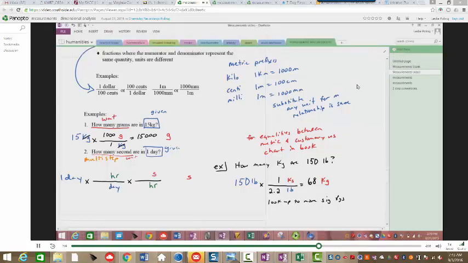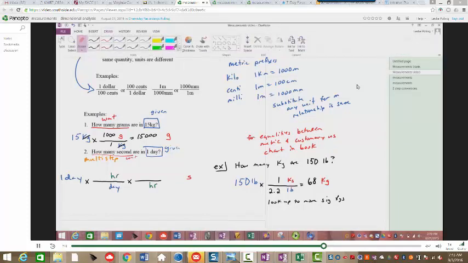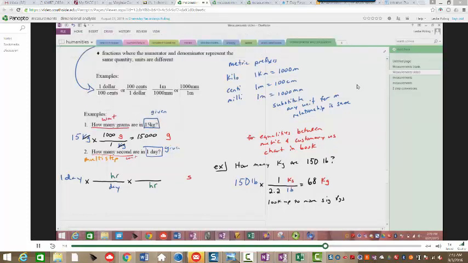So we're going to use seconds and hours. But wait, we don't know that relationship either, so we can't put seconds there. But we do know hours to minutes. So, running out of room here.